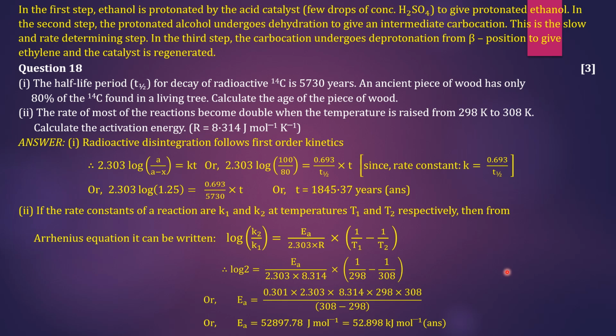One more point where you make a mistake is putting the value of R. Be careful where to put R equals 0.0821, and where to put R equals 8.314. Here we are calculating energy, so we need the final value in joule, so we will put R equals 8.314. But when in an equation there is atmosphere unit for any quantity, there you will put R equals 0.0821.